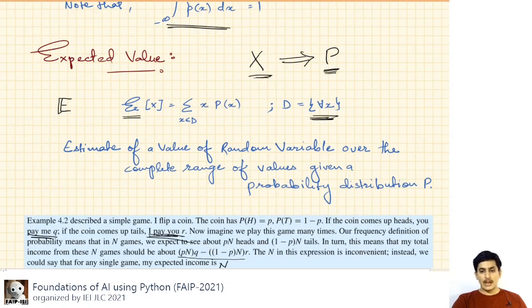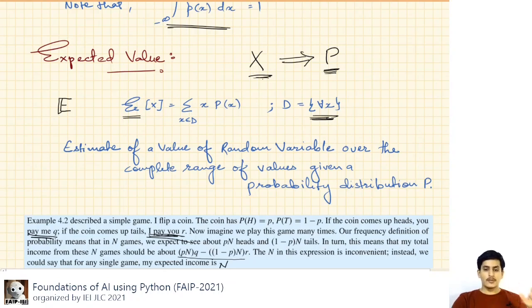So now that we have this P, next what we are interested in is what is the expected value of X. Okay, given the complete range of values that it can take for any number of experiments, not for just any particular experiment, or not for the first experiment or the last experiment or the third experiment.